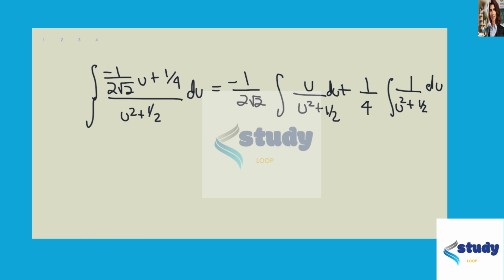Now for this integral here, feel free to do a u sub. And then for the second integral, we should do a trig sub, unless you've memorized something from the table. So go ahead and use these substitutions to evaluate these integrals.